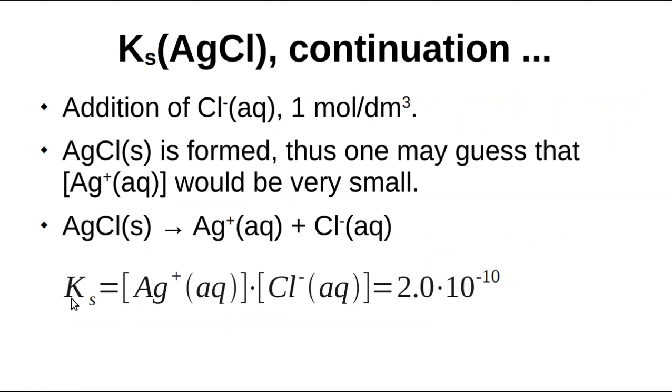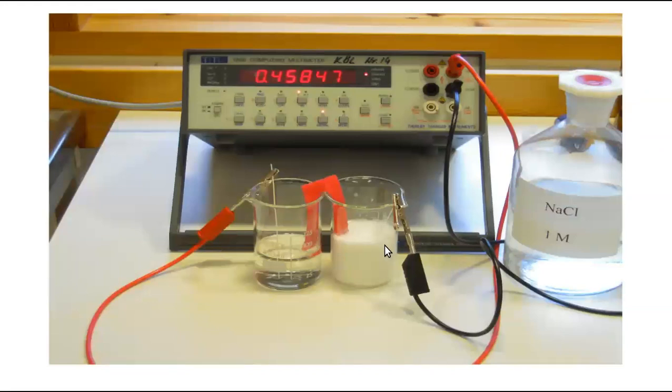According to literature, the solubility product of silver chloride is 2 times 10 to the minus 10, quite small, not very small, but quite small. So what happened in reality? After adding this sodium chloride solution to one of the beakers, we got a precipitate here, the white milky precipitate of silver chloride. And suddenly we measure a potential difference in the order of 0.46 volts. I would round this to 2 decimals.